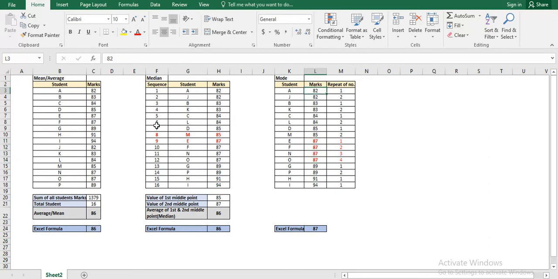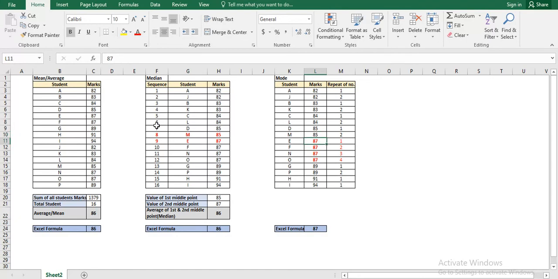In this example, I have taken the same data set as in the earlier two examples, and for convenience of visualizing it, I sorted it also. Here 82 comes two times, 83 comes two times, 84 comes two times, 85 two times, then I see 87 comes four times, then 89 two times, 91 and 94 come one time each.